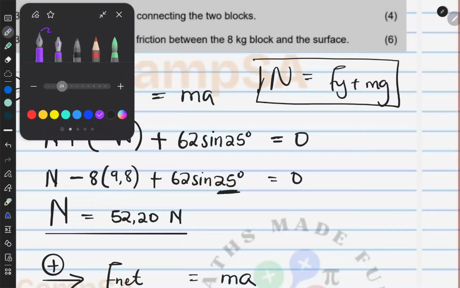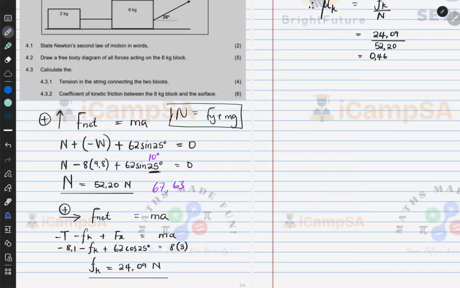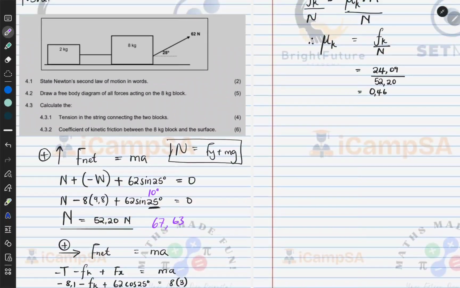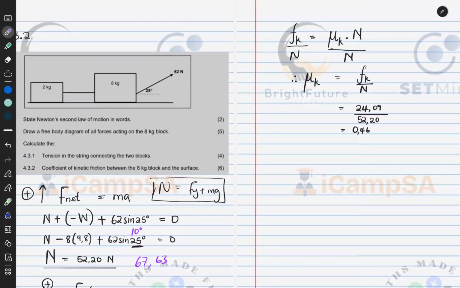Assuming we put 10 degrees here, our new value, I get that it will increase to 67.63.